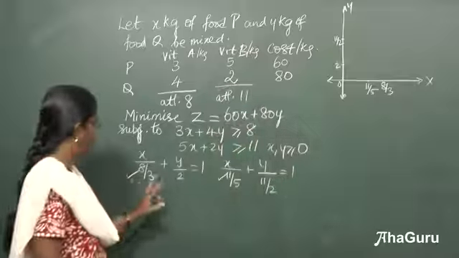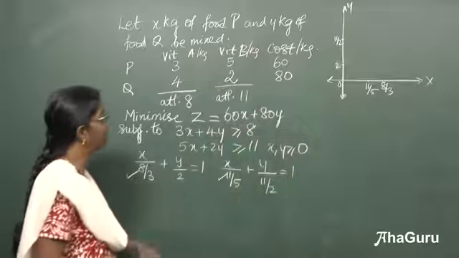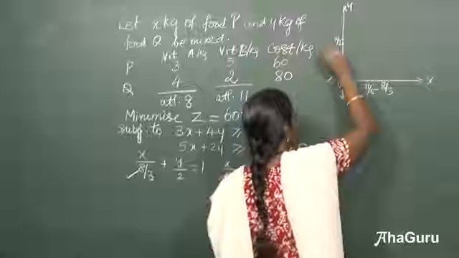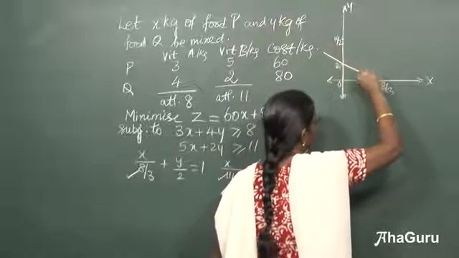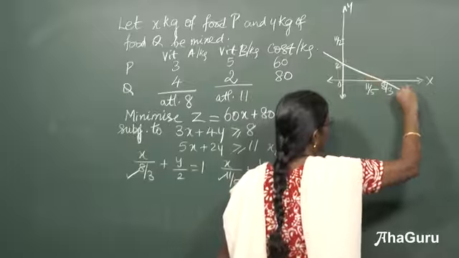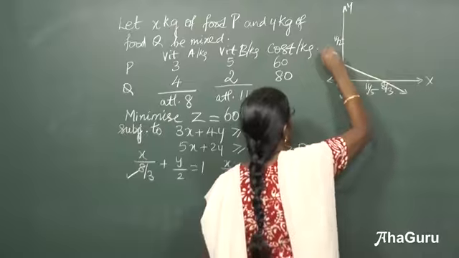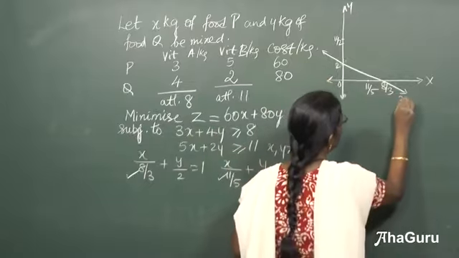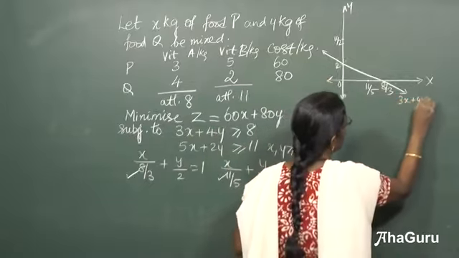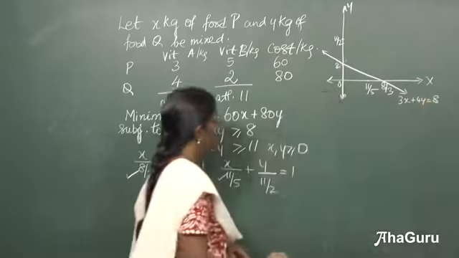Right. First line, I have to join this 8 by 3 and 2. The equation was 3x plus 4y equal to 8, right? Okay.